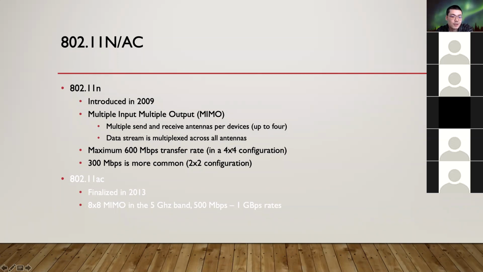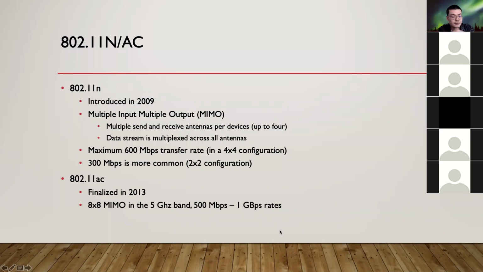Of course, you remember we can have 4 by 4, 4 incoming antennas, 4 outgoing antennas. If you use all of them, a 4 by 4 configuration, you can reach 600 Mbps. But usually, it's more common you only have 300 Mbps, a 2 by 2 configuration. 2 by 2 means you have 4 antennas. 4 by 4, your wireless router will be very ugly. Okay, so you have 8.